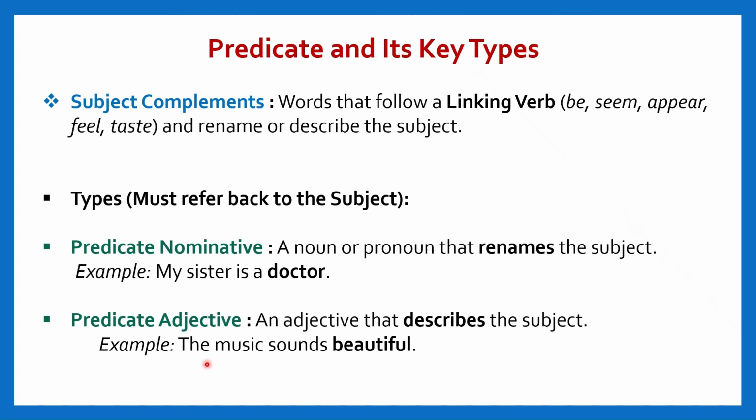Our example, the music sounds beautiful. Here the linking verb sounds. It connects music to beautiful. The word beautiful describes the subject music. So beautiful is the predicate adjective. So remember, both predicate nominative and predicate adjective always follow linking verbs, not action verbs, linking verbs, and they complete the meaning and idea of the subject. So that's why they are called subject complements.